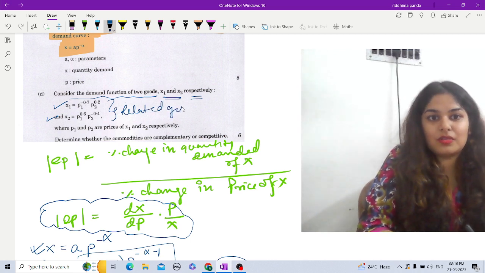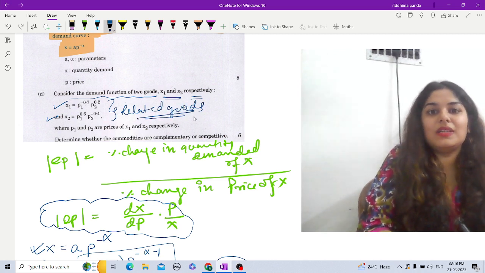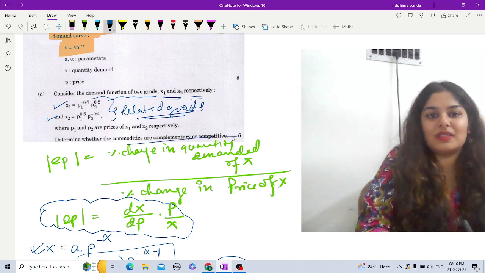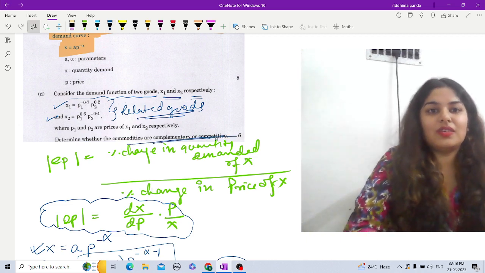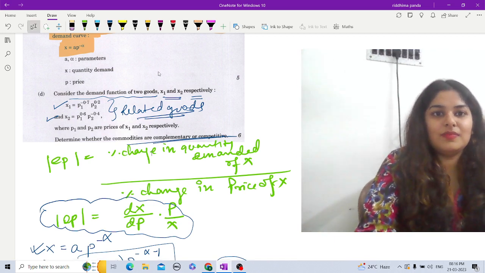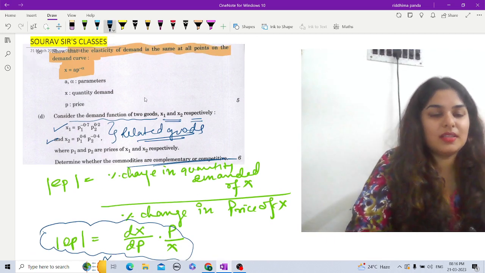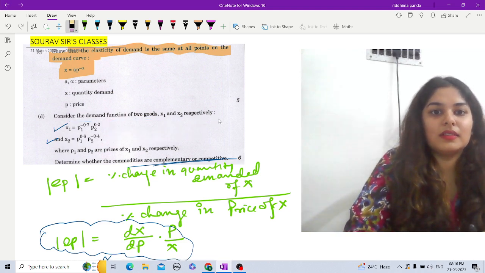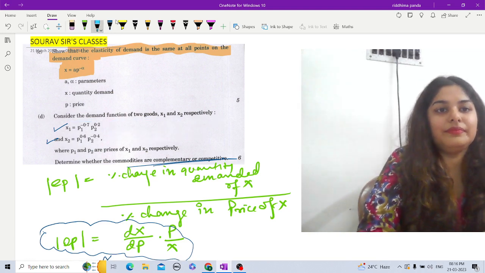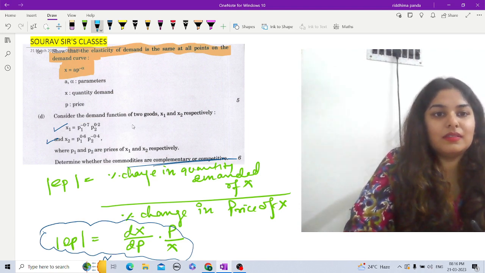Related goods means either substitutes or complements. So let's figure out which.